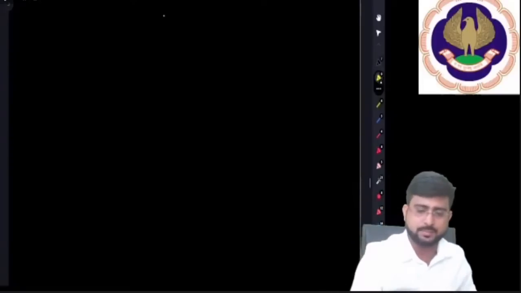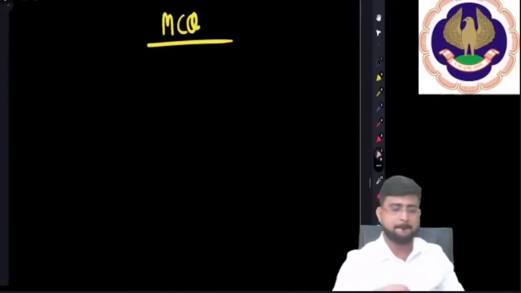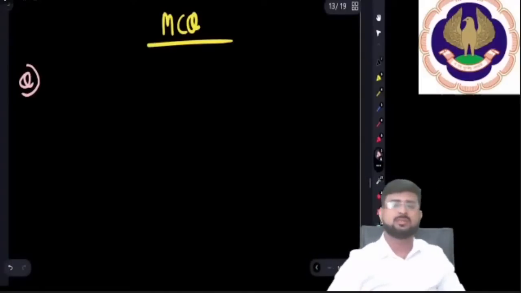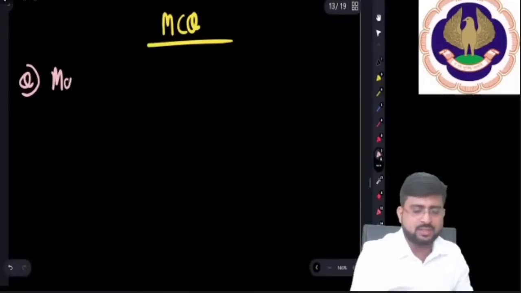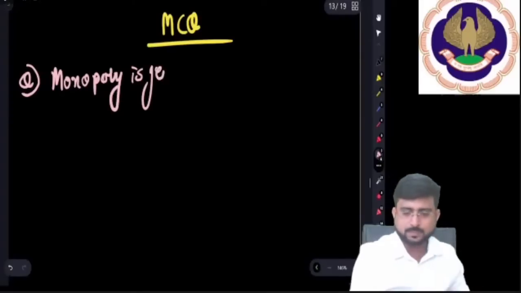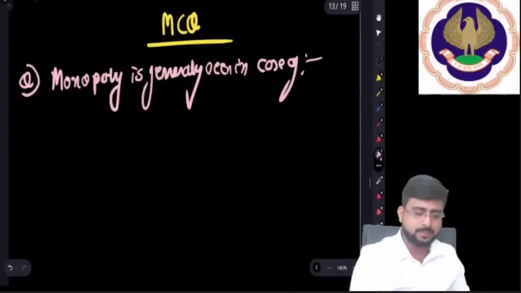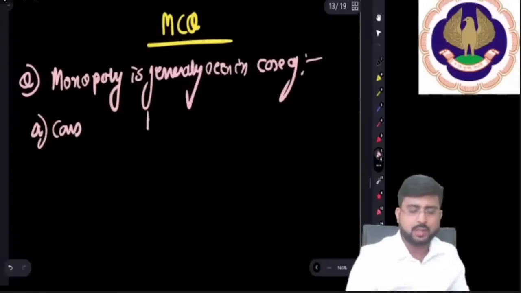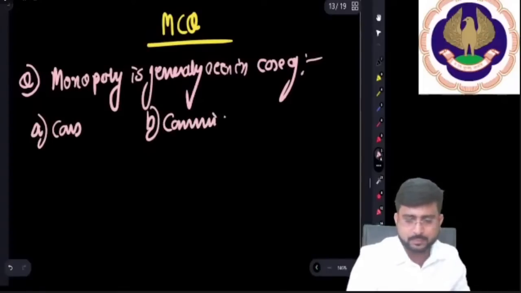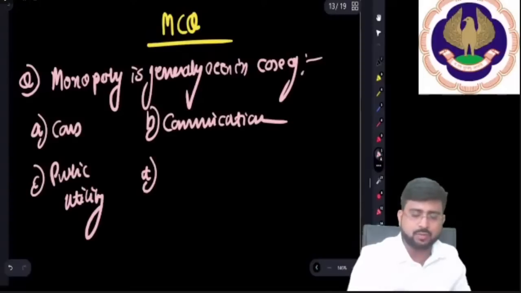The question is, please pay attention everyone. Monopoly is generally seen in case of: A, cars; B, communication; C, public utility; D, none of the above.